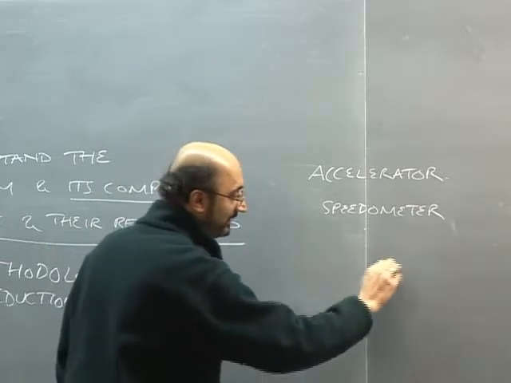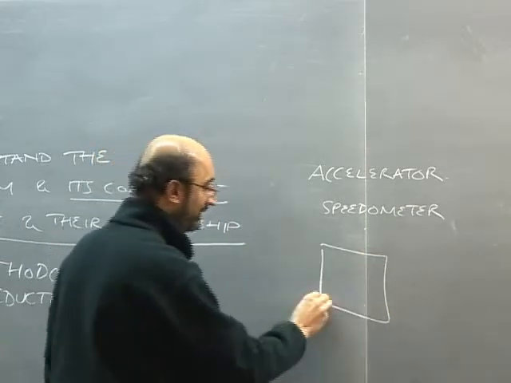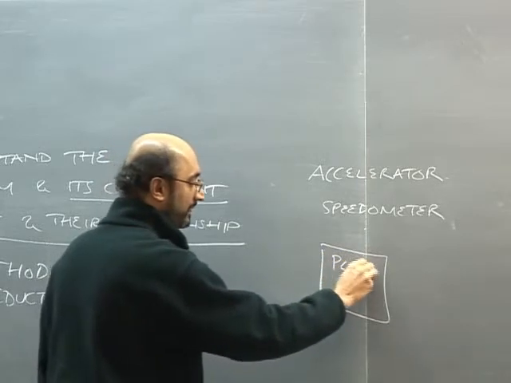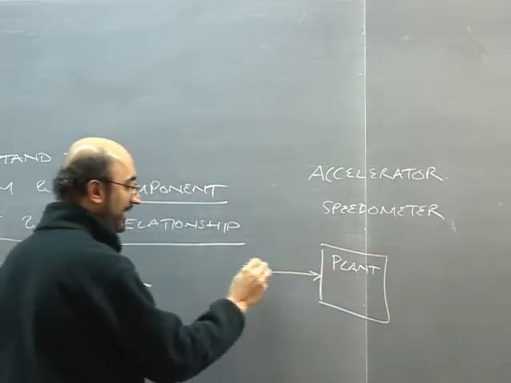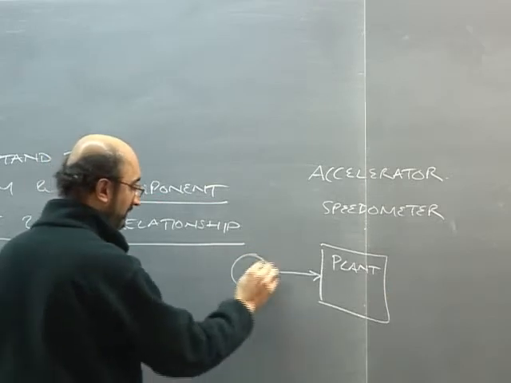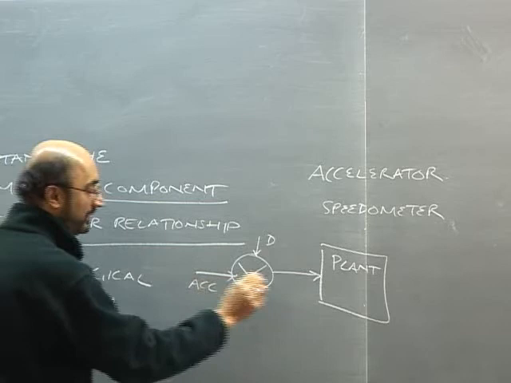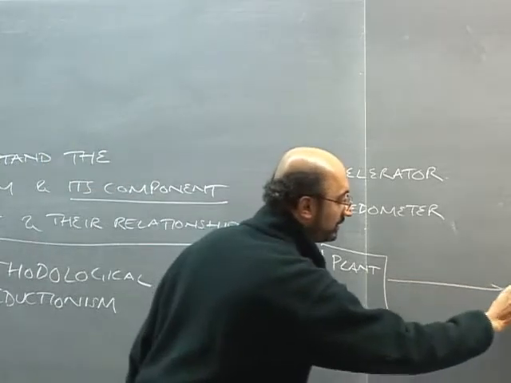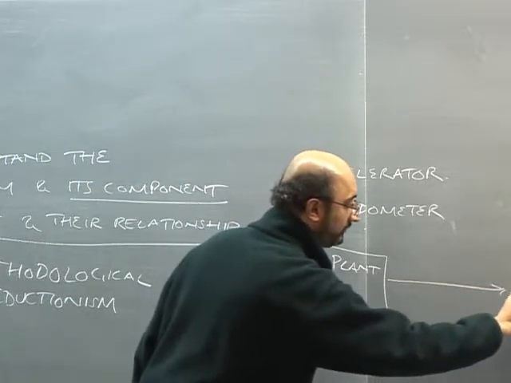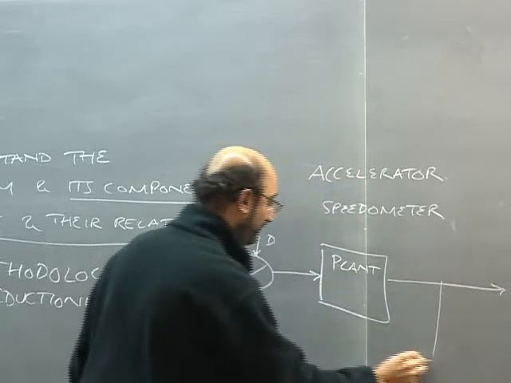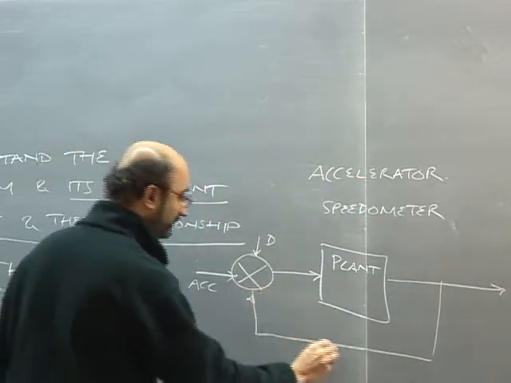We have some input, we have some plant, which is the car, and some noise disturbance. I'm going to have some accelerator setting, and this results in the car moving. The car moves, and then the feedback is that I have the speedometer.